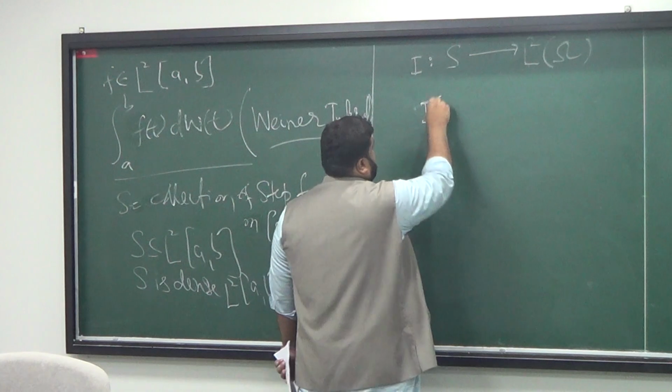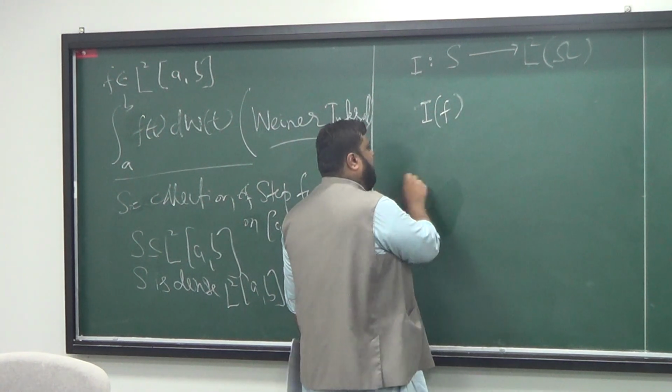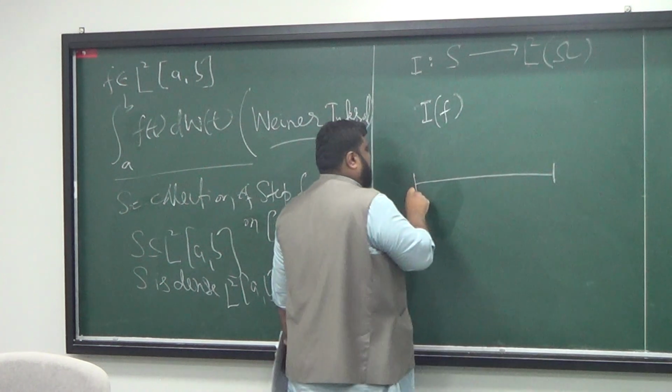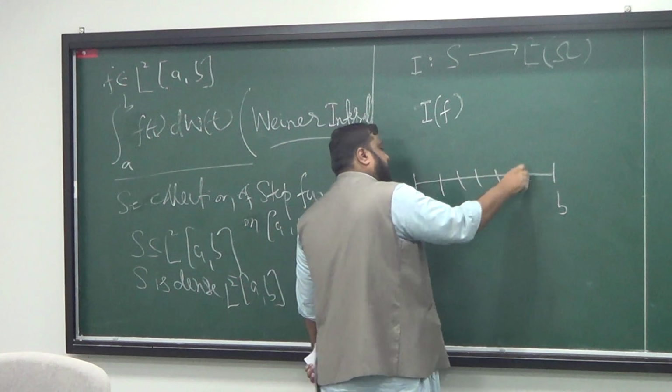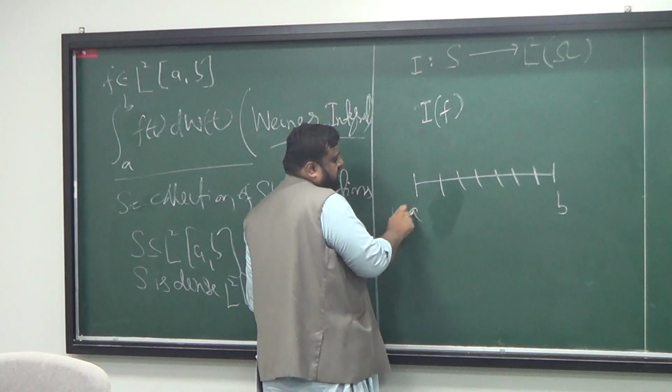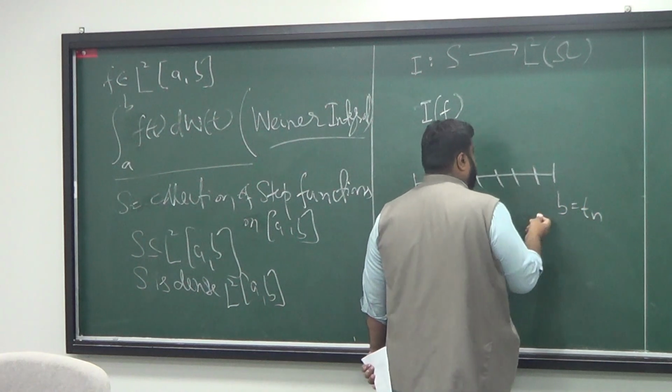So if f is some step function, what you need to do is take this interval [a,b] and create a mesh of it, maybe this is your t0 and t1, and maybe this is tn.